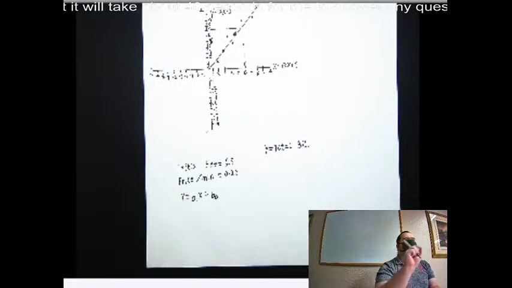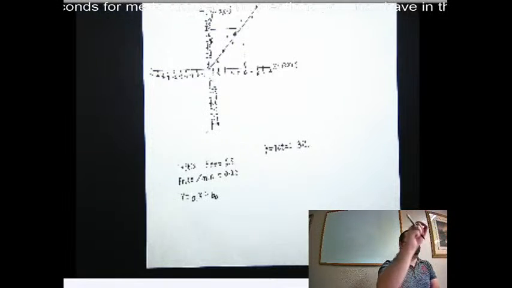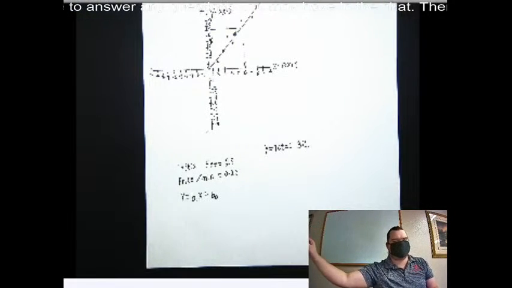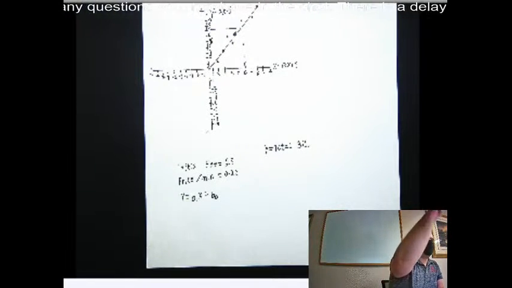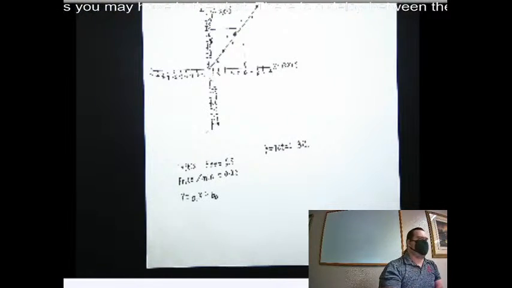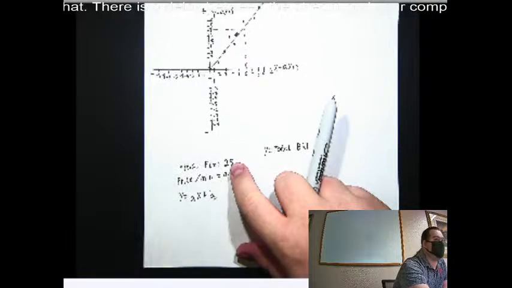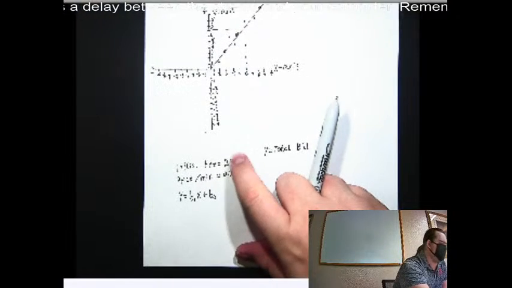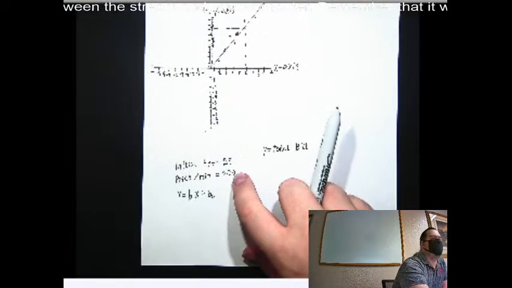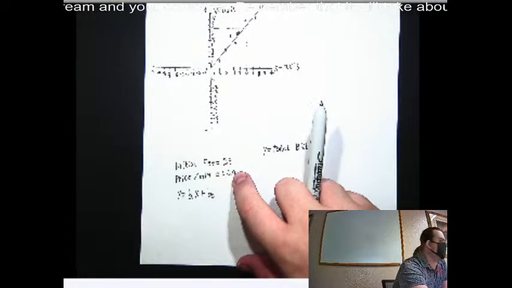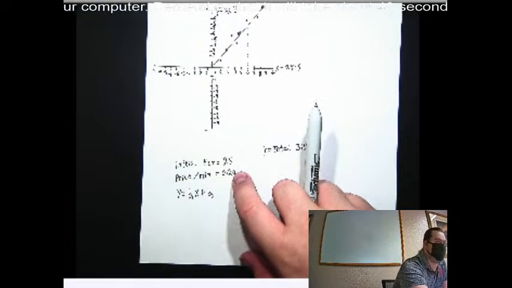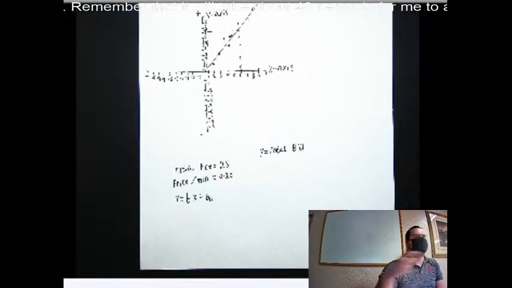X, again, is what we're plugging in to figure out what y is. Y is dependent upon x. So if we're plugging in numbers for x, it's variable. It's changing. The initial fee is not going to change. This is one of our constants. The price per minute is not going to change. It's, again, a constant. X is the thing that can change.